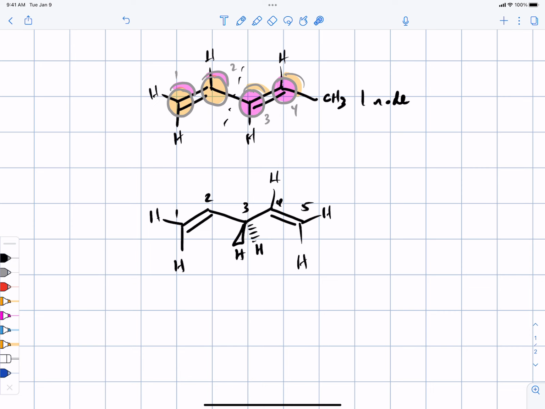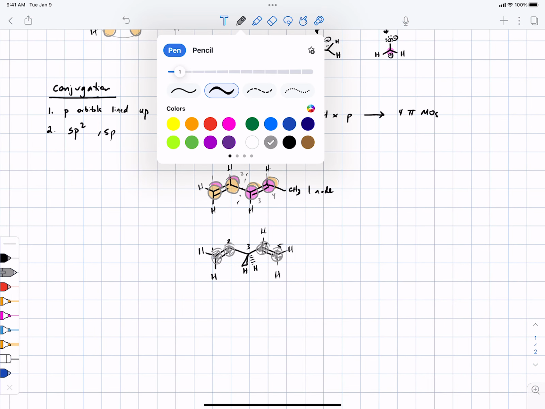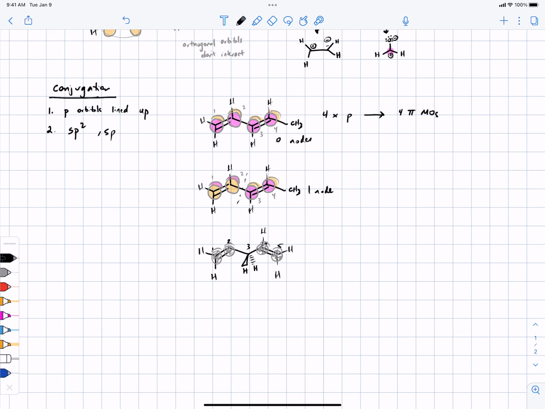And therefore, though there is a pi bond on carbons 1 and 2 and another on carbons 4 and 5, because they're not adjacent to each other, there's no opportunity for them to mix with each other. So not only do you have to have p orbitals lined up, but they need to be on adjacent atoms.